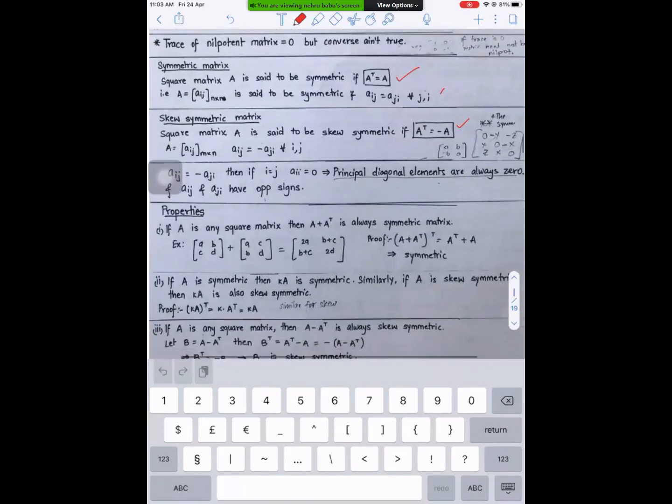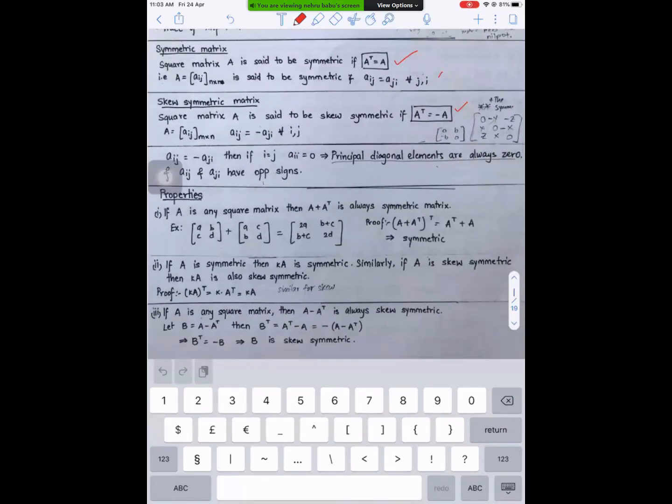And properties of these results. This result is very important. Symmetric, skew symmetric, all the properties are important here. If A is any square matrix, then A plus A transpose is always symmetric. Similarly, if A is any square matrix, A minus A transpose is always skew symmetric.